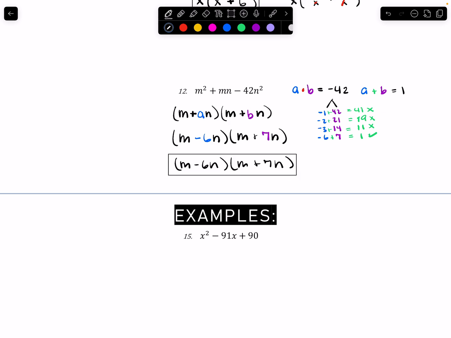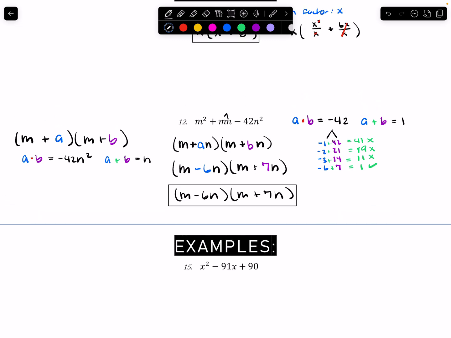You could have also not done the n's and instead done something like this. This is going to factor into m plus something, m plus something. Those two things have to multiply to give me my negative 42n squared, and they have to add to give me an n, right?